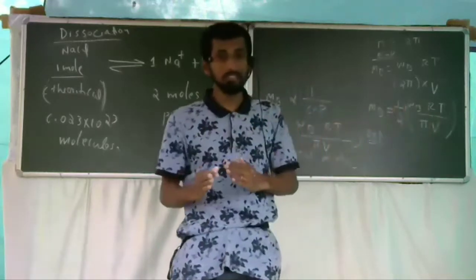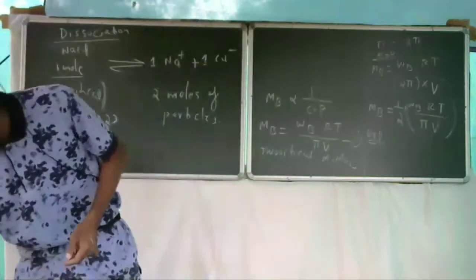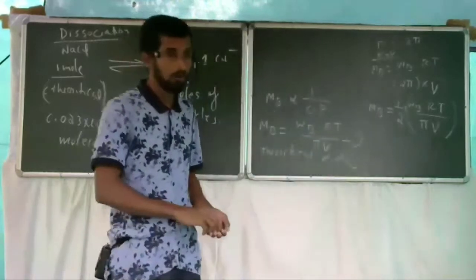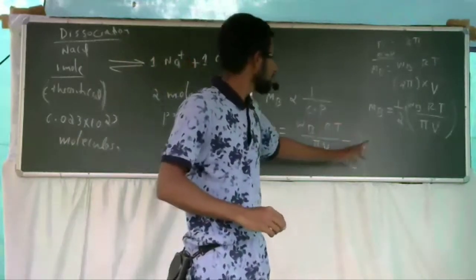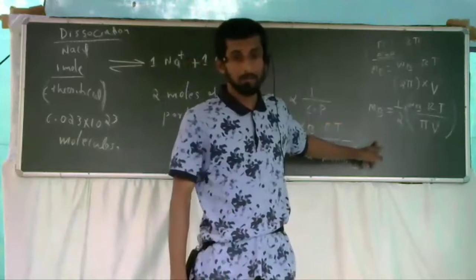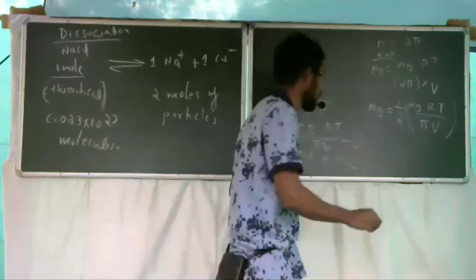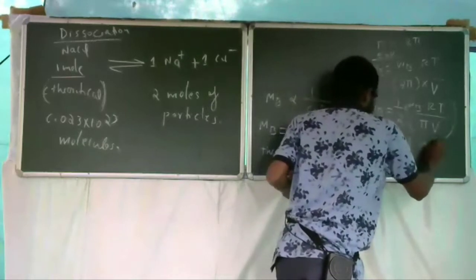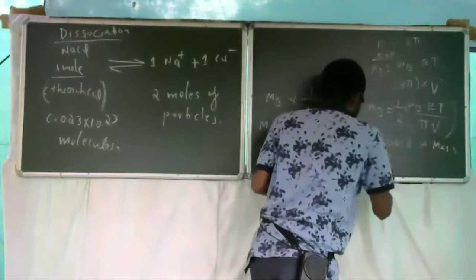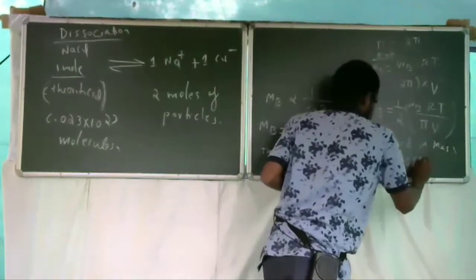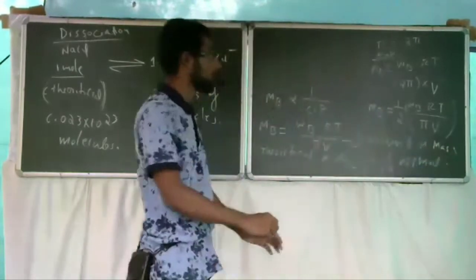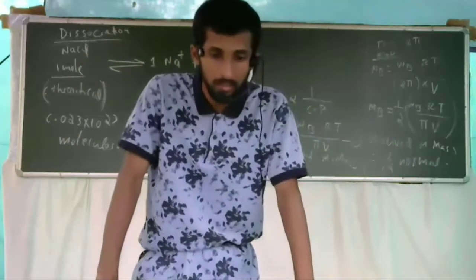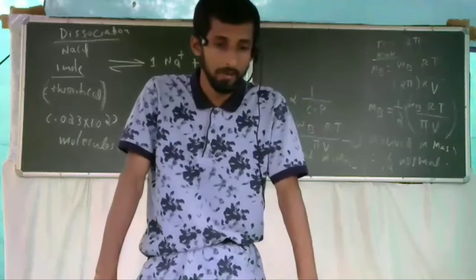So if you calculate the molecular mass of sodium chloride using a colligative property like osmotic pressure, the observed molecular mass is half of the normal molecular mass. The normal molecular mass of sodium chloride is 58.5.